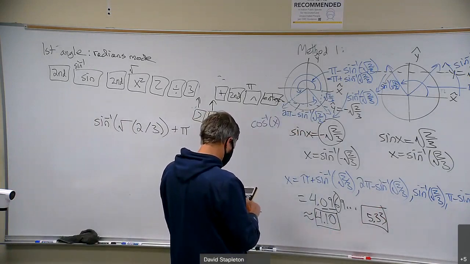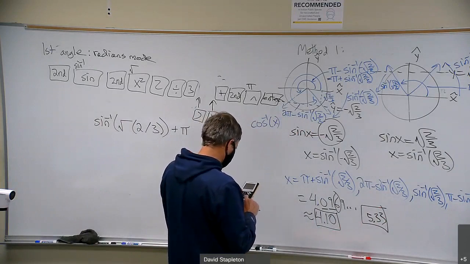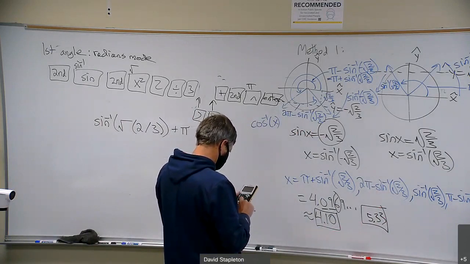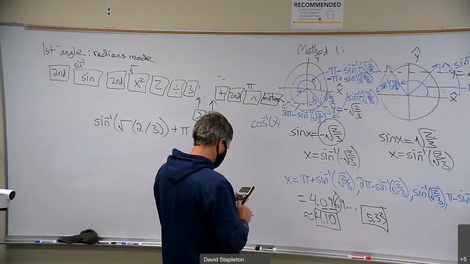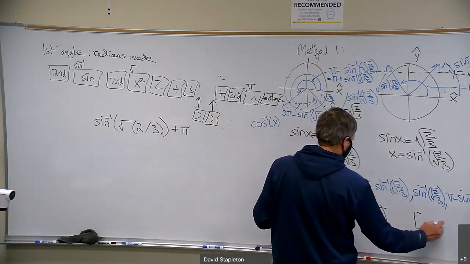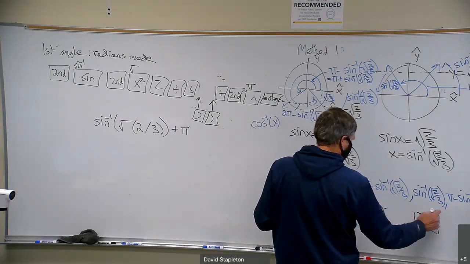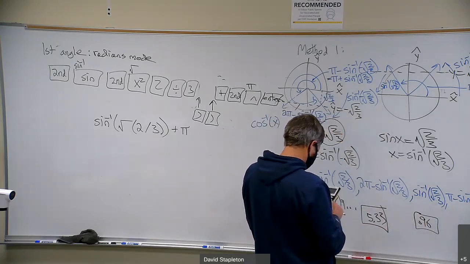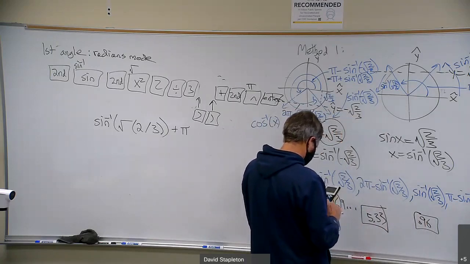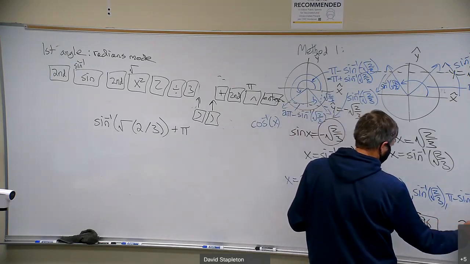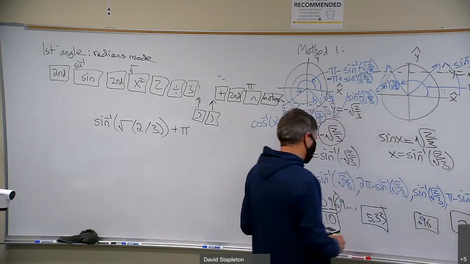Arc sine of square root of 2/3, .96. And pi minus that, 2.19. If you try the homework, hopefully you get those.